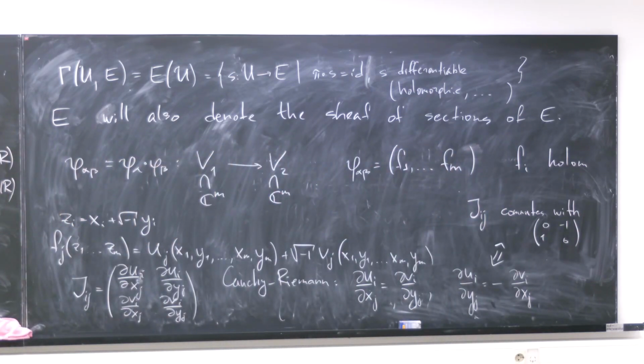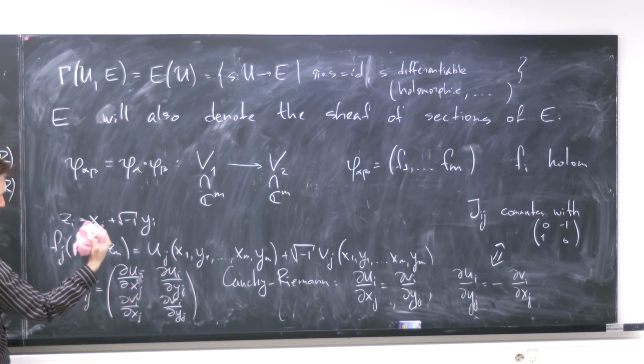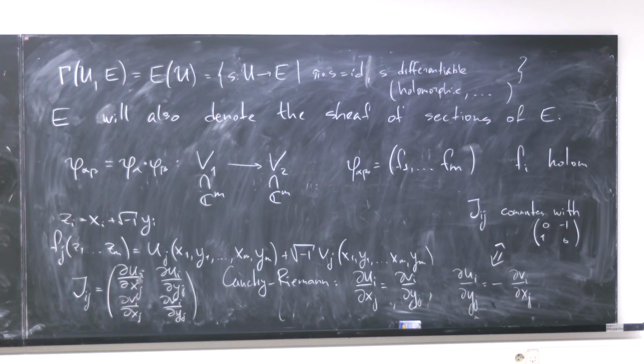Then the Jacobian matrix of this map phi_alpha_beta, in the sense of the Jacobian of this map as a real map from R^2m to R^2m, will be a block matrix consisting of such blocks, and they will all be complex linear, so that they commute with the complex structure operator.